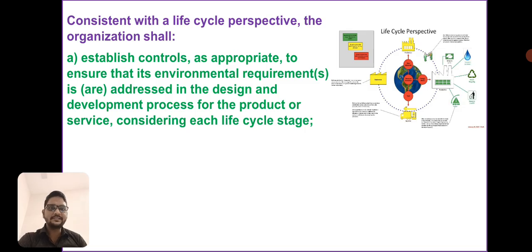the organization shall establish controls as appropriate to ensure that environmental requirements are addressed in the design and development of the process, product or service, considering each life cycle stage from raw material to final disposal.